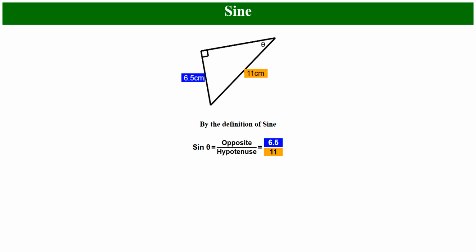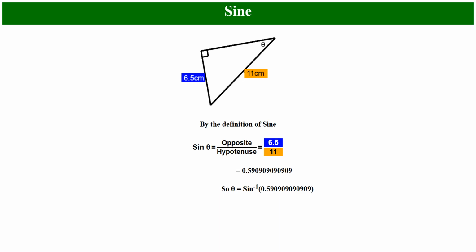Now we divide the 6.5 by 11 on a calculator, and we get this figure. Now again, to find theta, we can write it like that, and to actually find the value of theta on the calculator, we put this 0.590909, etc., into the calculator screen.